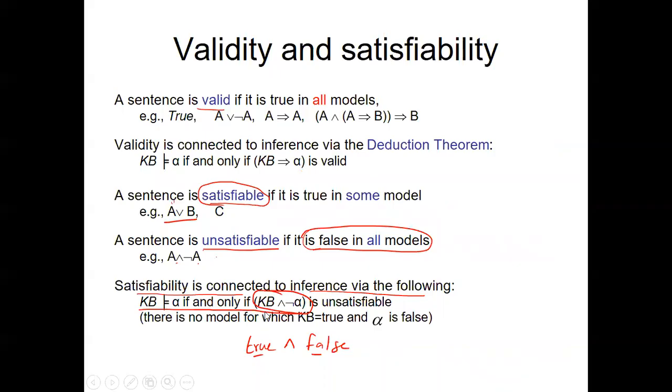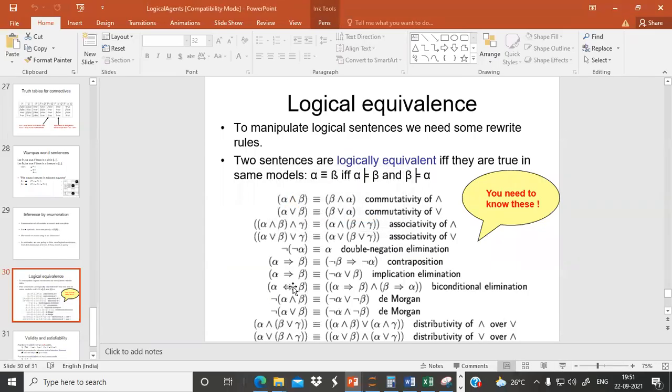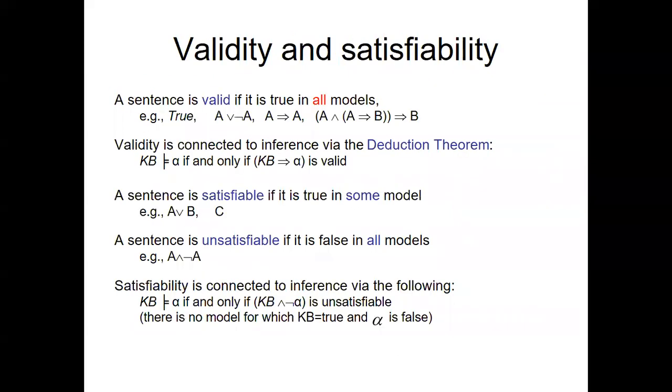So KB entails alpha if and only if KB and not alpha is unsatisfiable, that is, you are unable to satisfy that. What does unsatisfiable mean? It is false in all models, false in all cases.